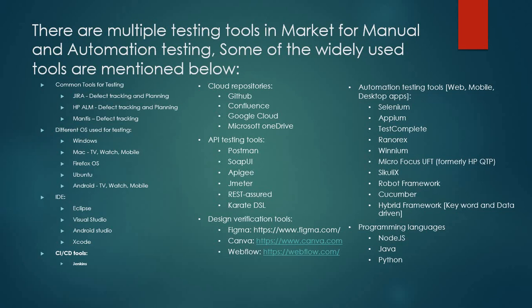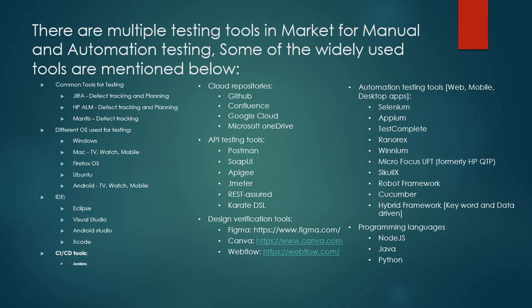That is what you are verifying in the UI verification. For a few of the UI verifications, the tools which we use are Figma, Canva, Webflow. This is with respect to manual verification. When it comes to automation, we also validate the UI in automation. That is a different topic again. There are multiple tools available in the market for UI validation using automation.